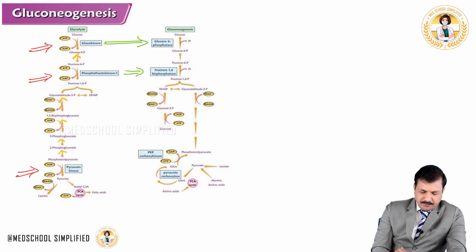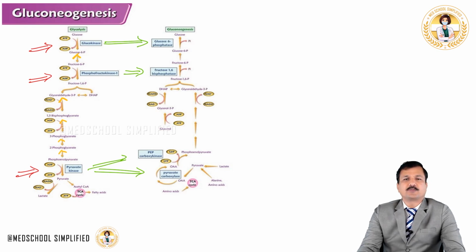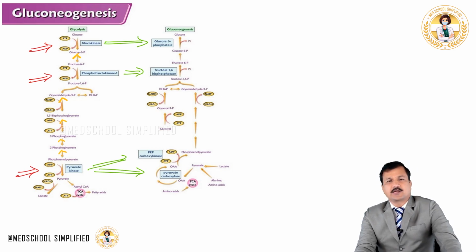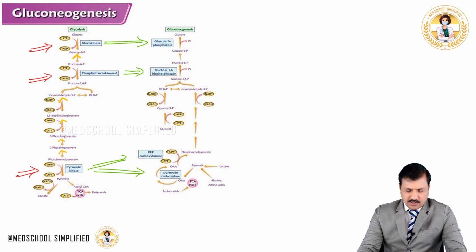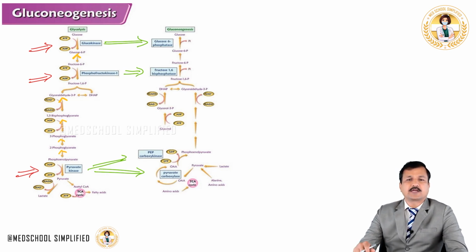For the pyruvate kinase reaction, there are two enzymes. One is pyruvate carboxylase, which converts pyruvate into oxaloacetate, and the other is phosphoenolpyruvate carboxykinase, which converts oxaloacetate into phosphoenolpyruvate.